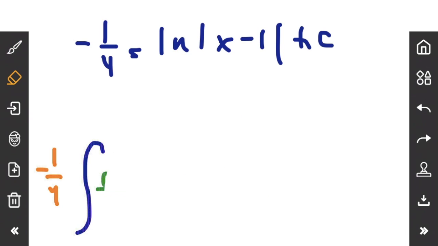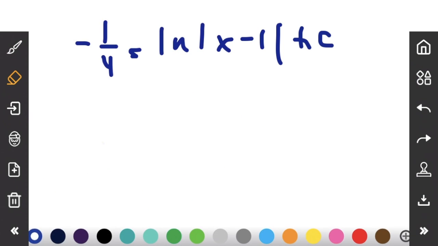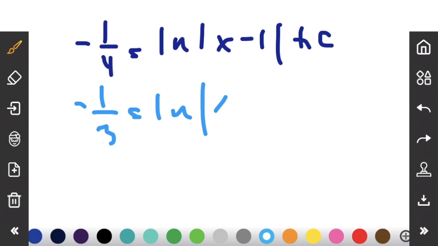Now you just plug and chug with the initial condition, which said that f of 2, 2 being x, equals 3, which will be y. So you just do this: -1 over 3 equaling ln of, oops, sorry, we said that x is going to be 2, minus 1, plus c. And now you're solving for c, right?